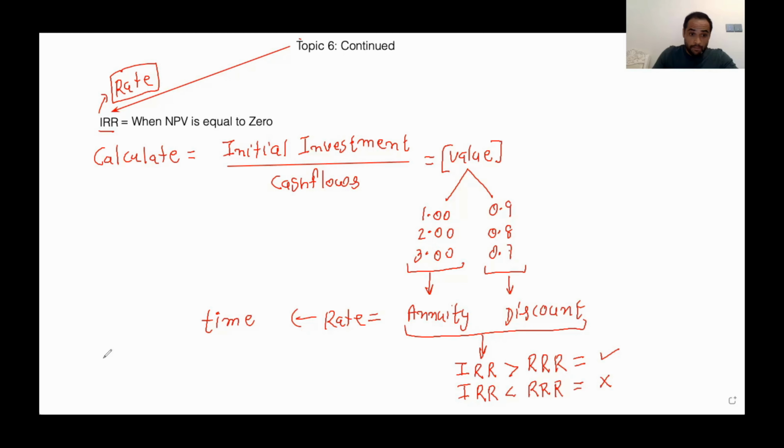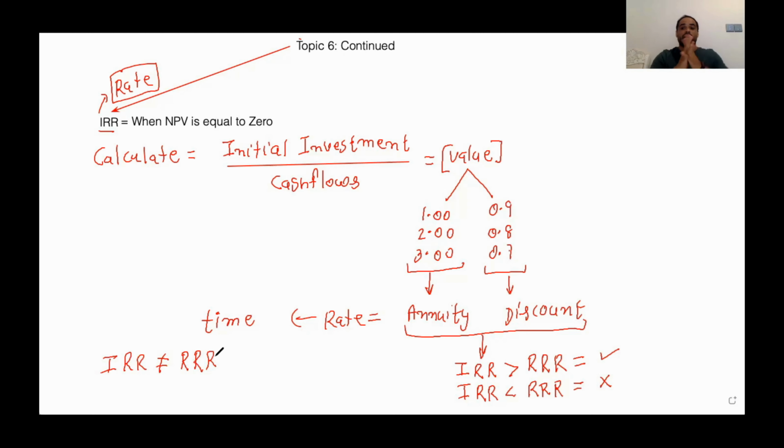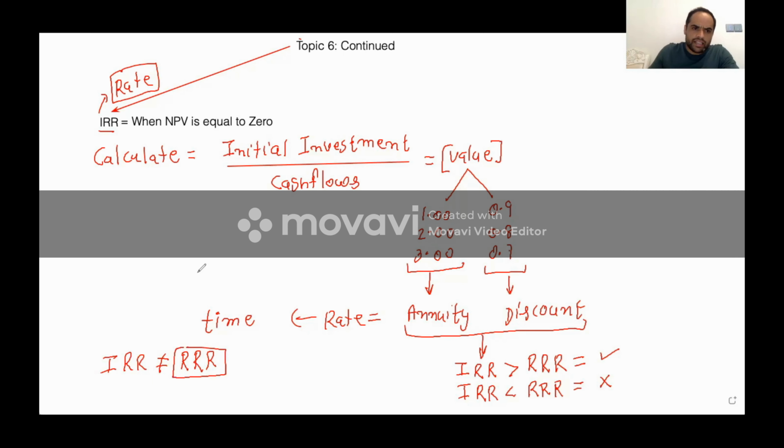But IRR never equals RRR. Why is IRR never equal to RRR? Let's understand this situation by taking an example. Now, can you tell me why we borrow money?